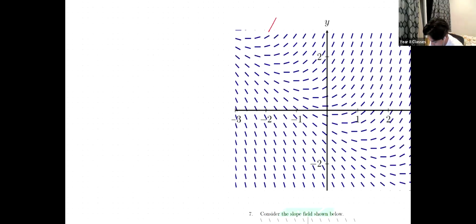If you were to draw a line up here, it would just look like this, and then it will branch off. I'll just draw a bunch of example ones for you.